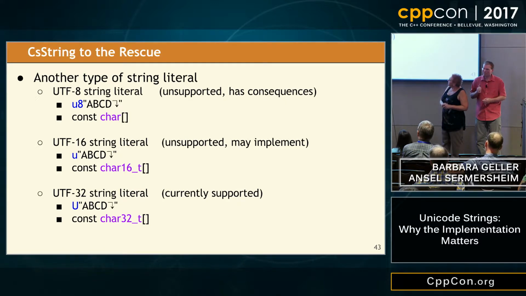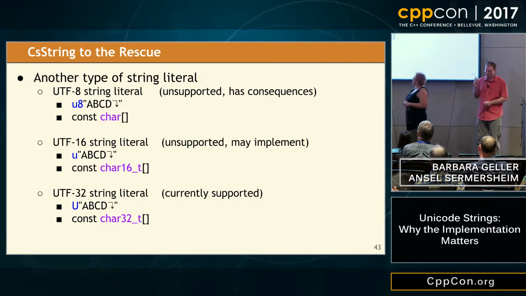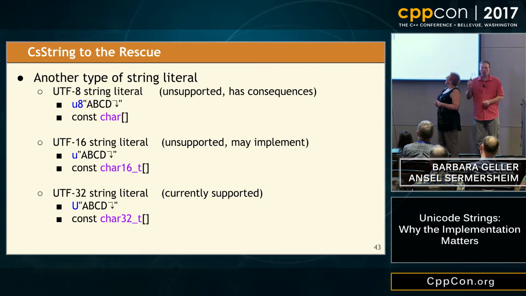The annoying one is const char8_t. Why wasn't that const char8_t, Richard? This is a terrible feature in the standard, because it means that as a library implementer, you can't tell the difference between a string literal, which is in the compiler's runtime encoding, and a UTF-8 string literal, which is in UTF-8.